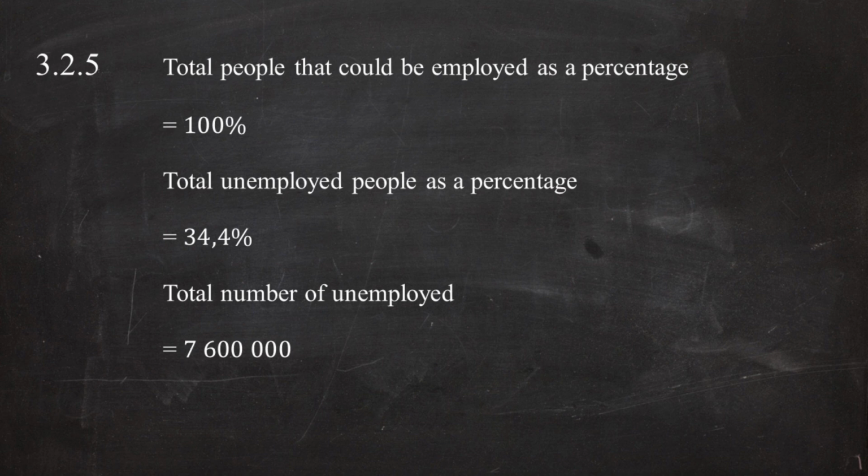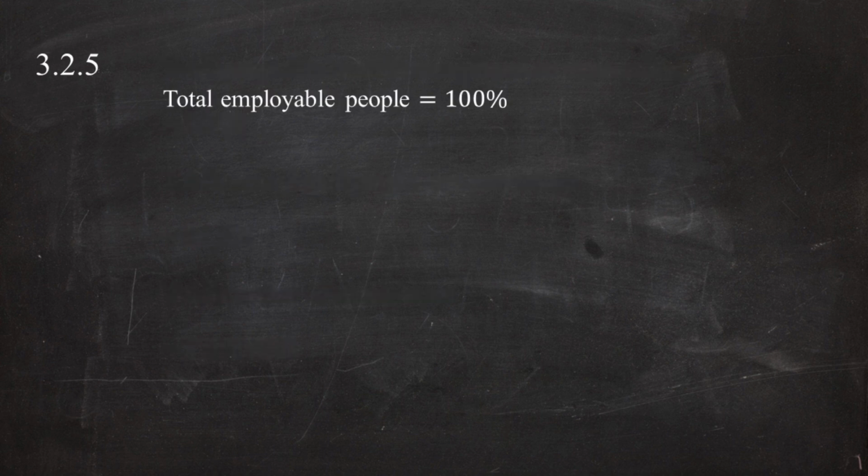It was also given that the total number of people that were unemployed in South Africa in quarter 2 was 7.6 million. Now the first step is to determine the total number of people that could potentially be employed, given that those people as a percentage equals 100%.